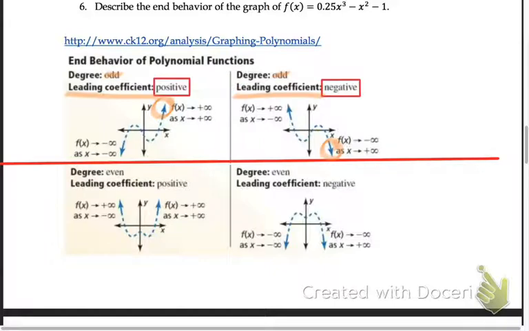So your lead coefficient tells you which direction the right side points.